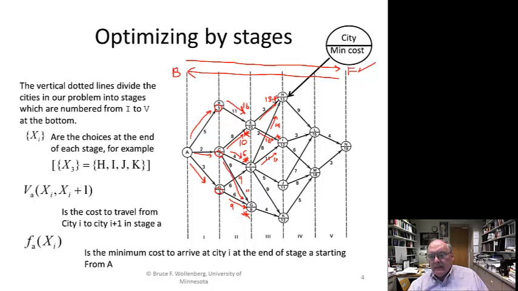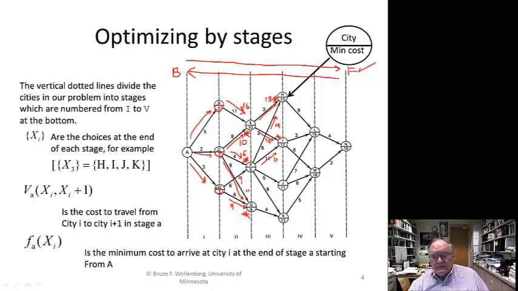So once again, I now know that if I got to H, then the asterisk says the cheapest path away from H going back to the start is this path. And if I get to E, the cheapest path is this path. Here there's only one path.